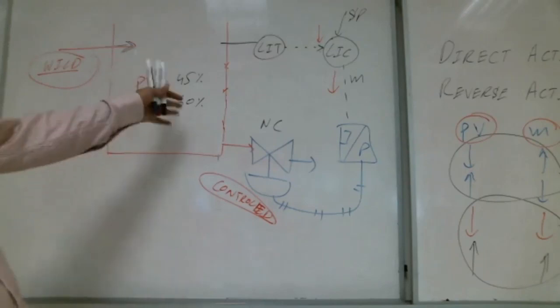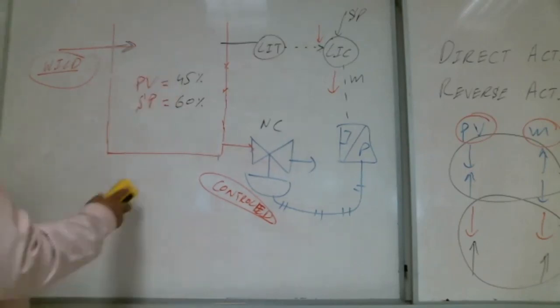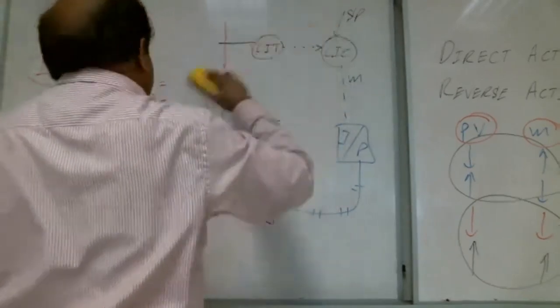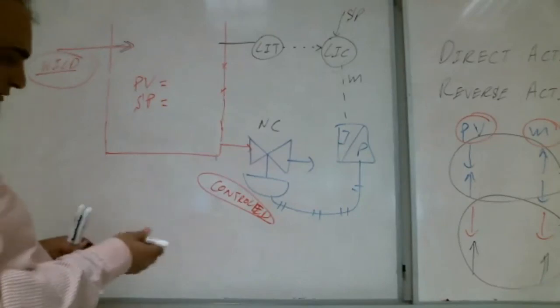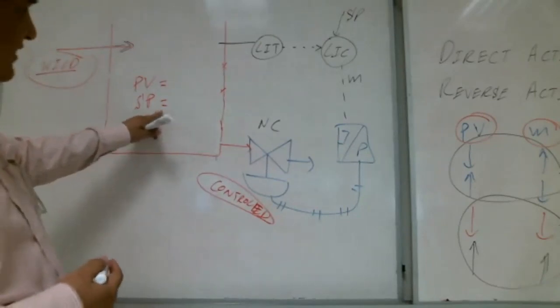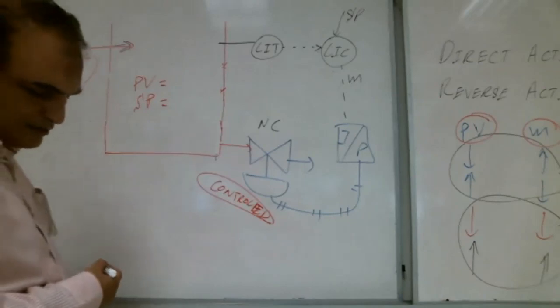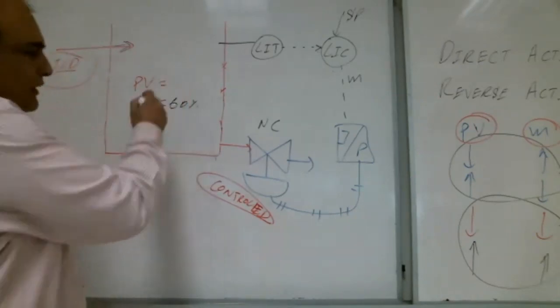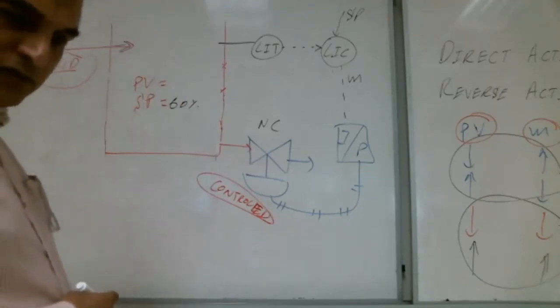So if you want to change the values, we can change them. Tell me some value, whatever you want. 60 is the set point. What is your PV? 35.